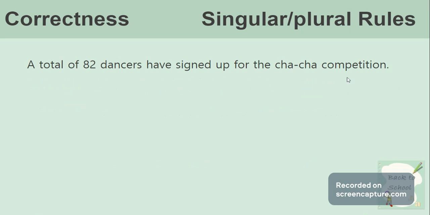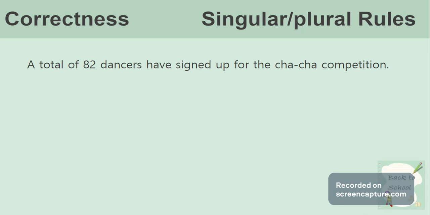Always focus on the subject of the sentence. The predicate is talking about to whom? Subject. And what is that subject? 82 dancers. Okay? A total is actually singular, but it's talking about the 82 dancers. That's why it's have. Okay?